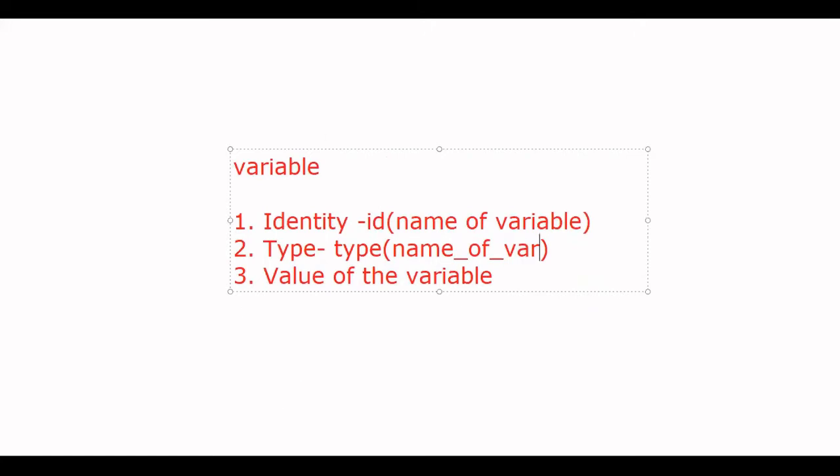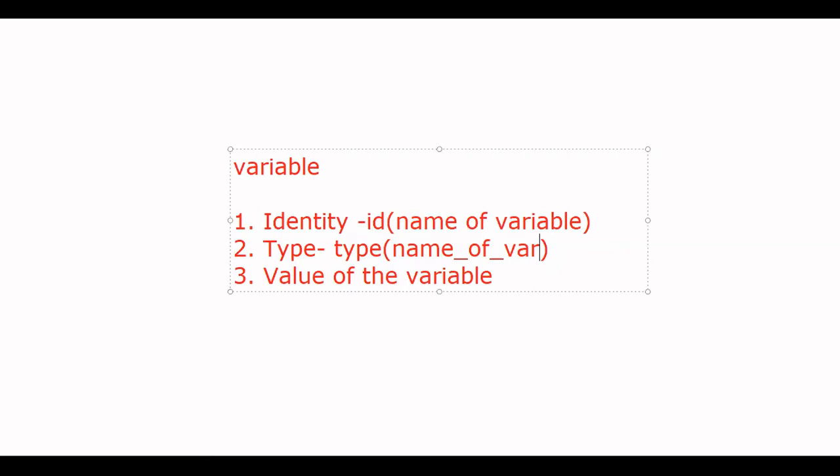So let's see, we have two variables ready over here for us. We'll see all these three components in these two variables, that is marks and age. Starting with marks, identity. Identity of marks is already on the screen. I have written ID marks. Now let's go for type. When I say type marks, we'll say class int.